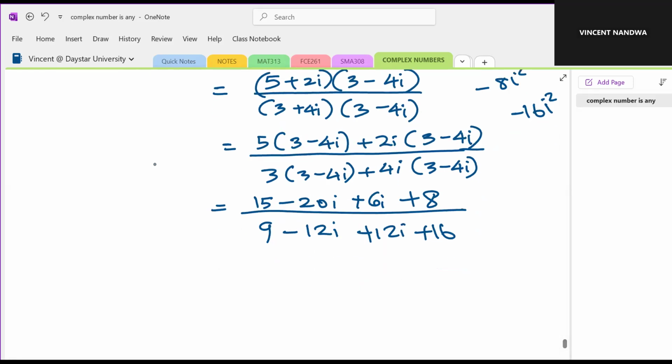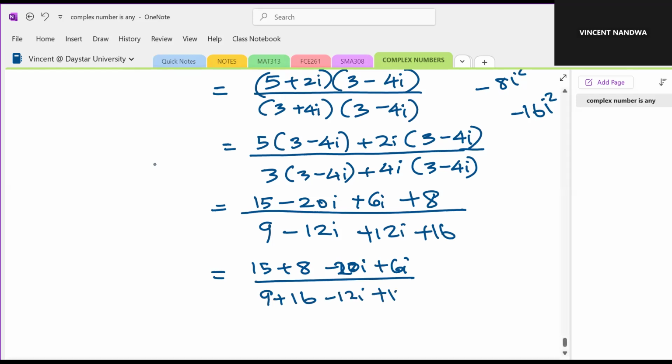Then collect real and imaginary parts. We'll have 15 plus 8 minus 20i plus 6i over 9 plus 16 minus 12i plus 12i.